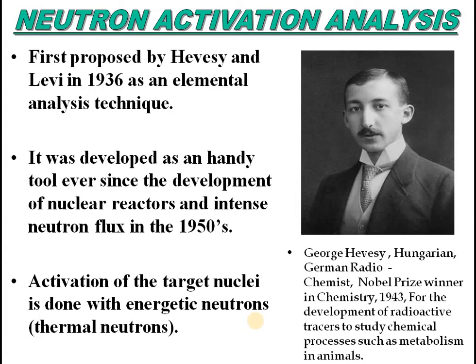These thermal neutrons are bombarded on your element of analytical interest. So a certain sort of instability may come, and that instability leads to the disintegration of the nucleus, which may emit certain characteristic radiations. That will be recorded and analyzed.